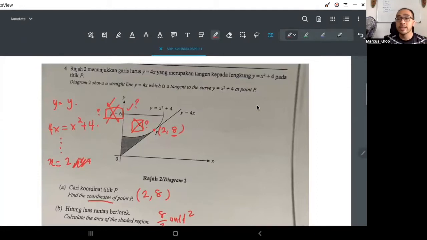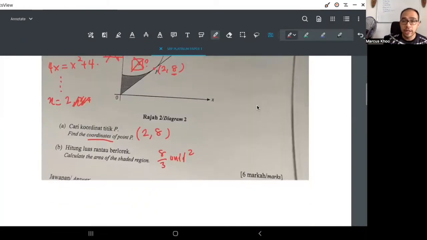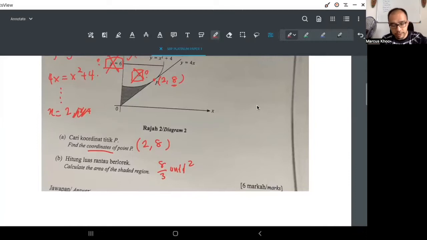So either it is a misprint or it really has no function, because look at the next question. The area of the shaded region would be from 0 to P, obviously, for the graph. The area will be the integration from 0 to 2 of this equation, x squared plus 4 dx, minus the area of the triangle.